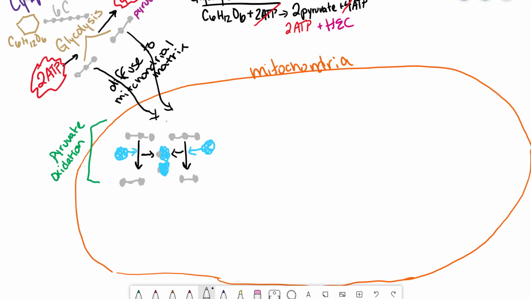So remember, this right here is 2 carbon dioxides, and those are going out. Now, how do we get that carbon dioxide out? We breathe it out. All right, we release it out into the atmosphere using our lungs. And what we are left with is a two carbon compound called acetyl-CoA.